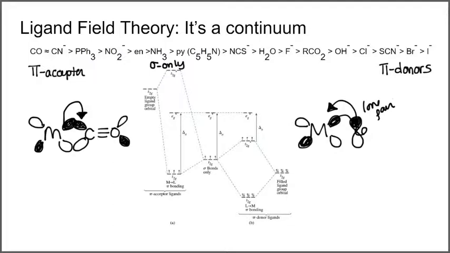So some typical examples of complexes that might fit these different groups would be, for example, hexacyanochromate, an example of a metal complex that has all pi acceptor ligands.